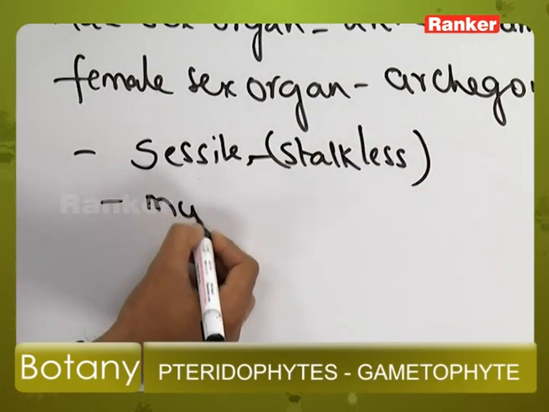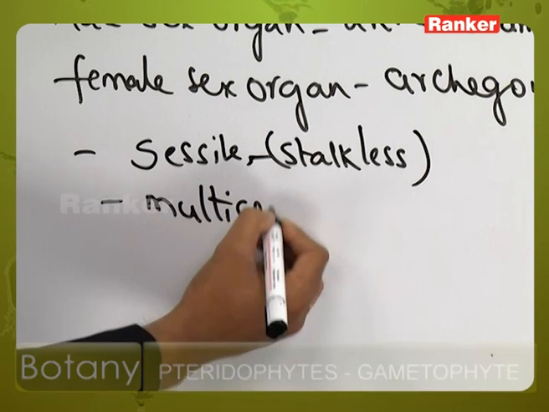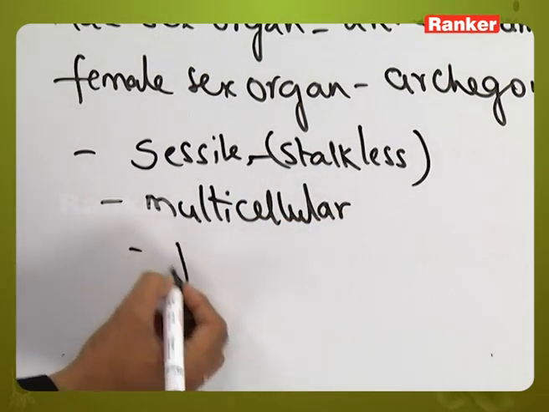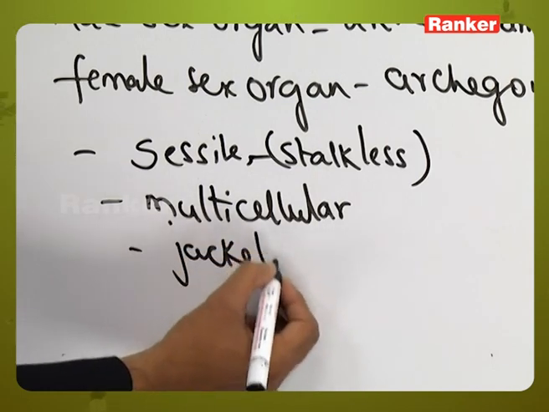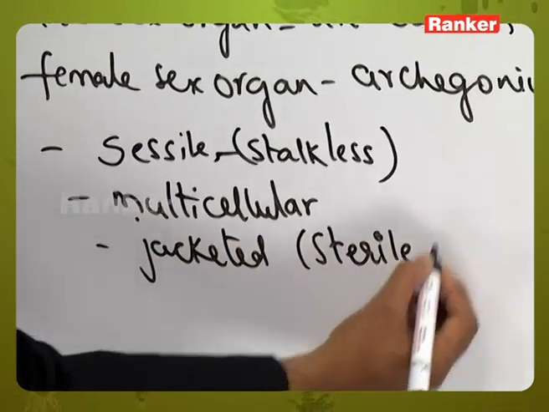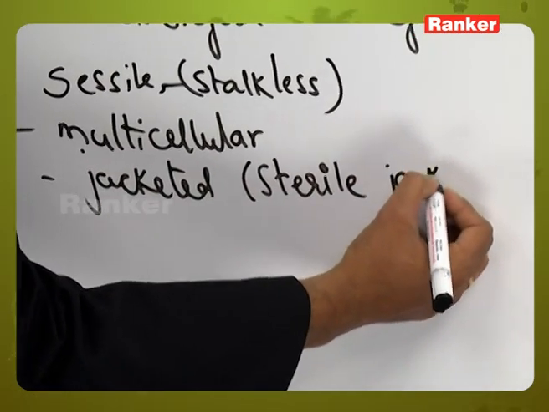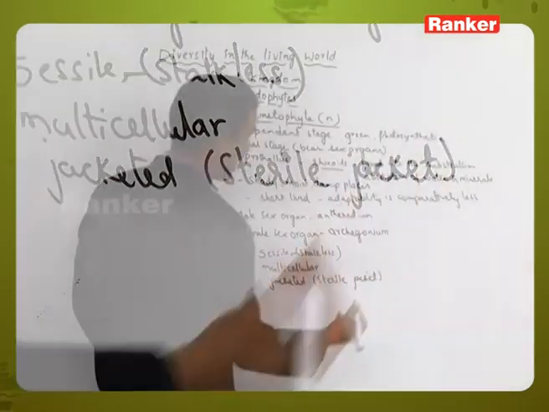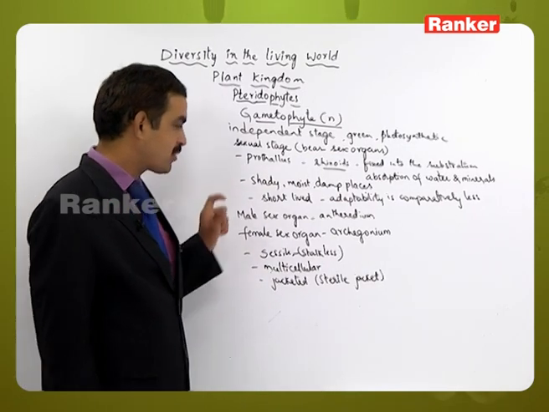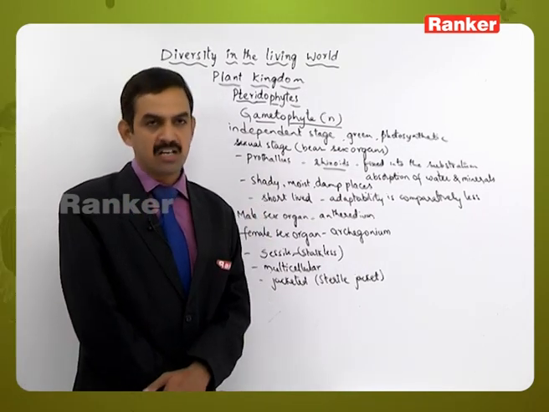Then multicellular, these are made up of many cells, and jacketed. Jacketed means these sex organs are surrounded by a protective sheet that is called a sterile jacket. So the sex organs of pteridophytes show some similarities with those of bryophytes.